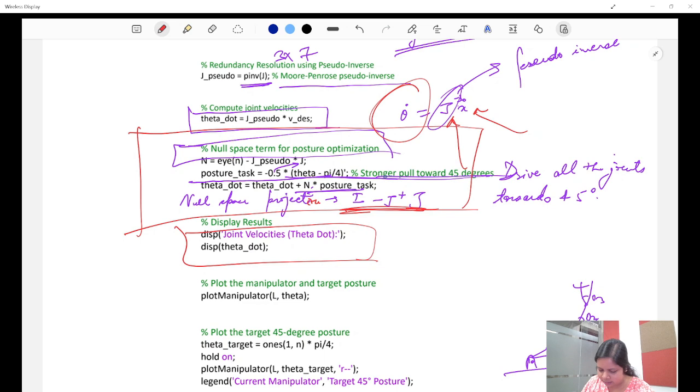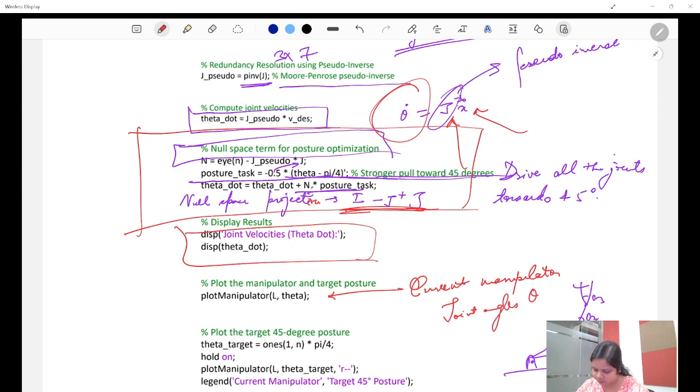After doing this, we'll plot the current manipulator, because we have found out the joint velocity, right? So from there we can find out the joint angles theta. For this theta we'll plot the current manipulator, and we'll also plot this 45-degree posture.